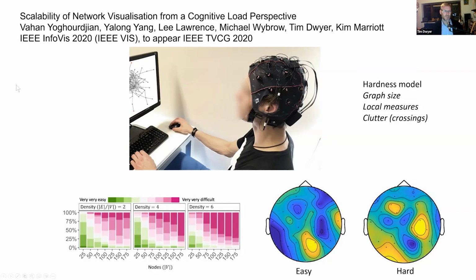By the way, the cutoff point seemed to be about dense graphs with about 75 nodes. Beyond that, it just gets too difficult.